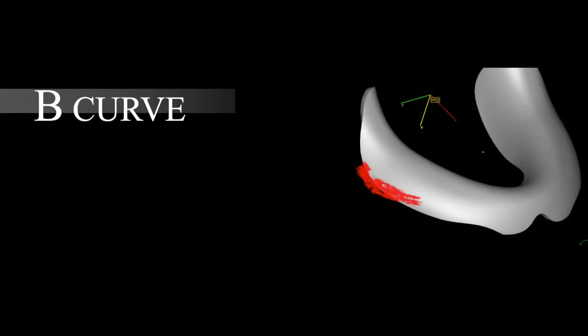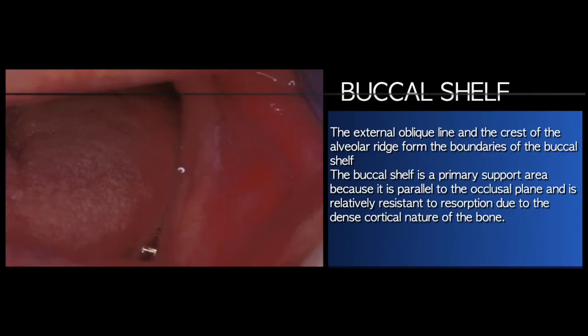So in this particular outline, we're discussing right next to the M-plane. When you look into this clinical picture, this is the M-plane, and this is what we call the B curve or buccal shelf, another name for this area.